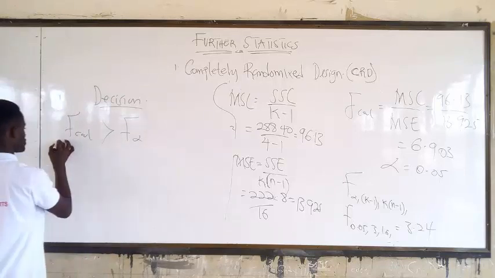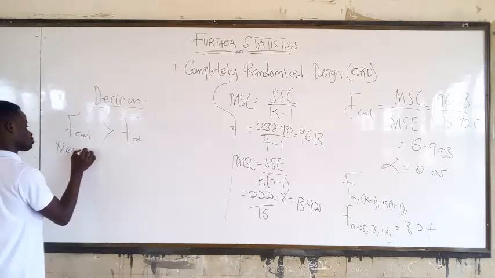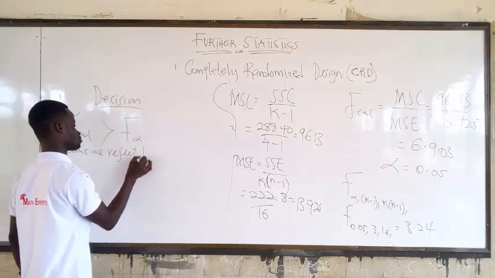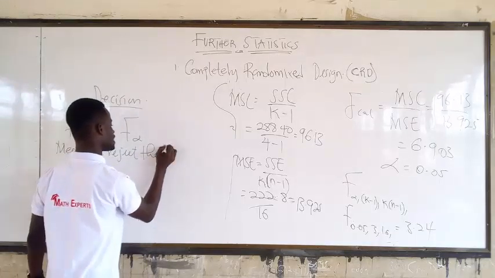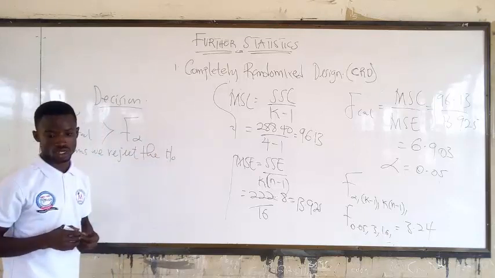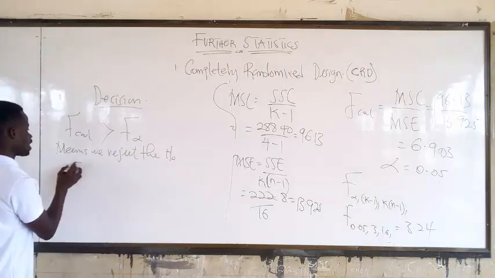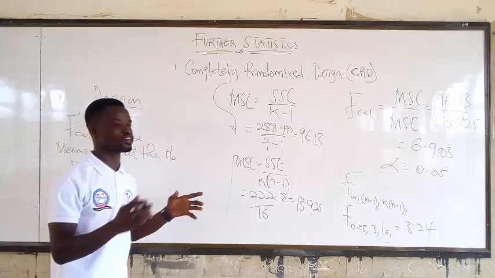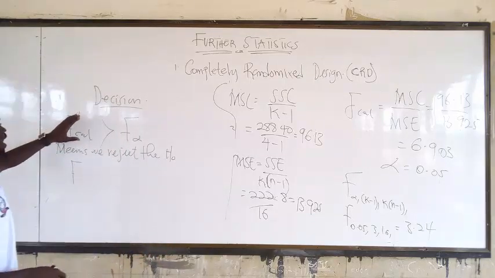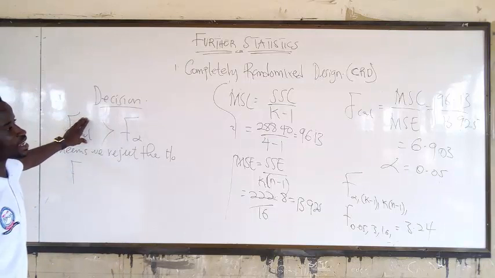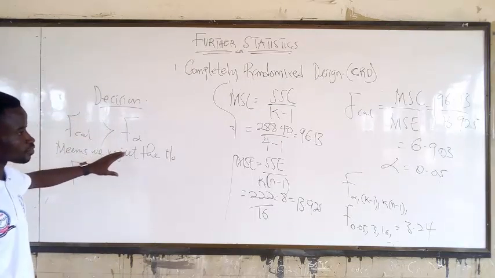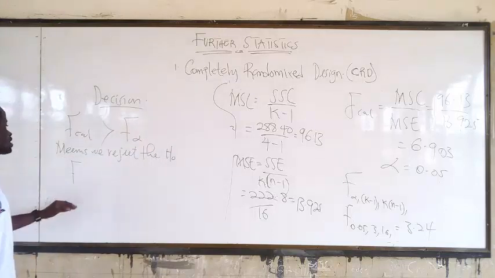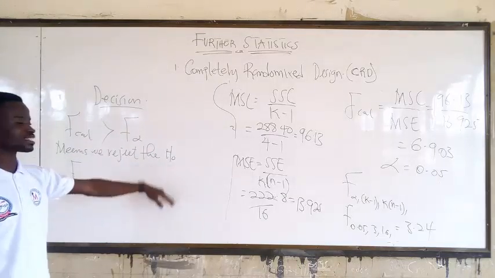So this means we reject the H naught. And in general, if F calculated is greater than the F alpha, that means that we reject the H naught.